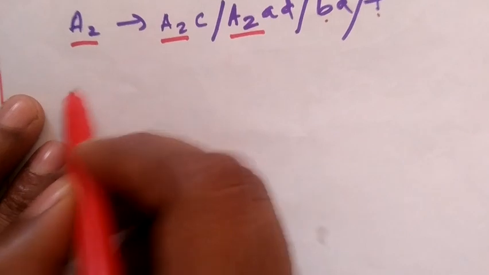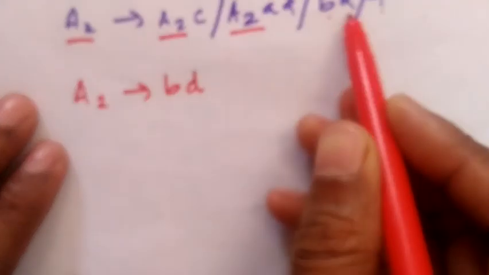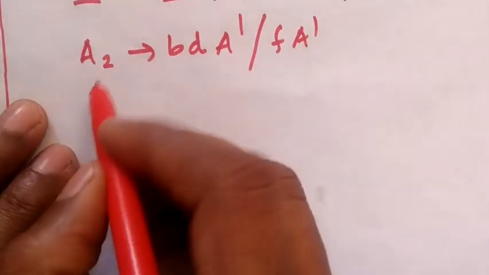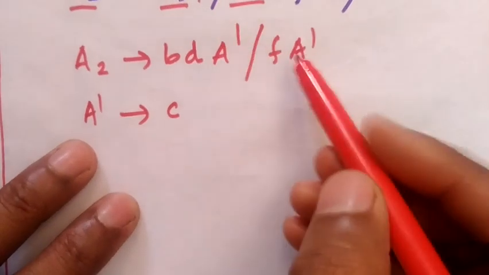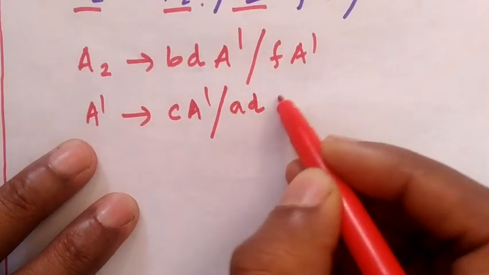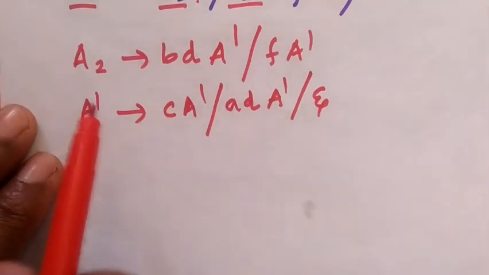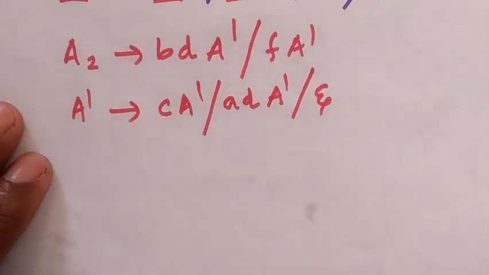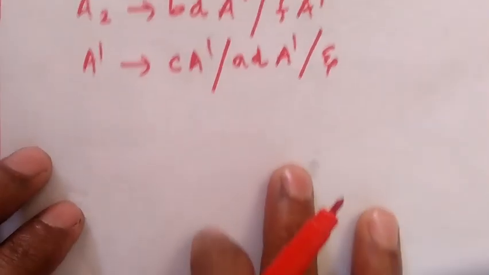So very easily we can replace using A2 gives BD A dash, F A dash, then A dash gives, this is alpha, C A dash or AD A dash and epsilon. So total productions are these.